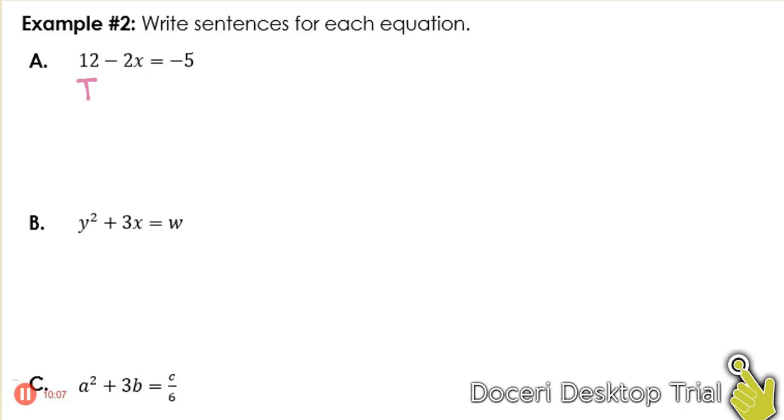So we have 12, and you can simply use minus, 12 minus, and then we're subtracting 12 with 2x, 2 times x, or you could say the product of 2 and x.